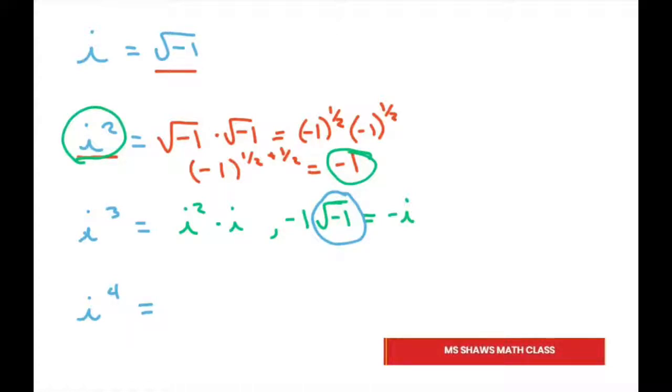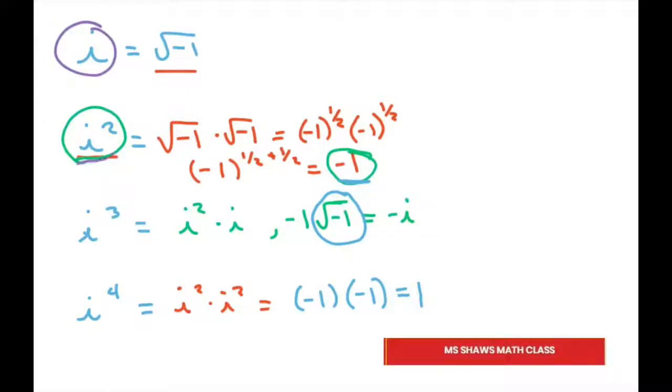And i to the 4th, I can write as i squared times i squared. Well, we already know that i squared is -1, and then we have another one. -1 times -1 is just 1. And the most important ones are i squared and i to the 4th. We use those a lot.